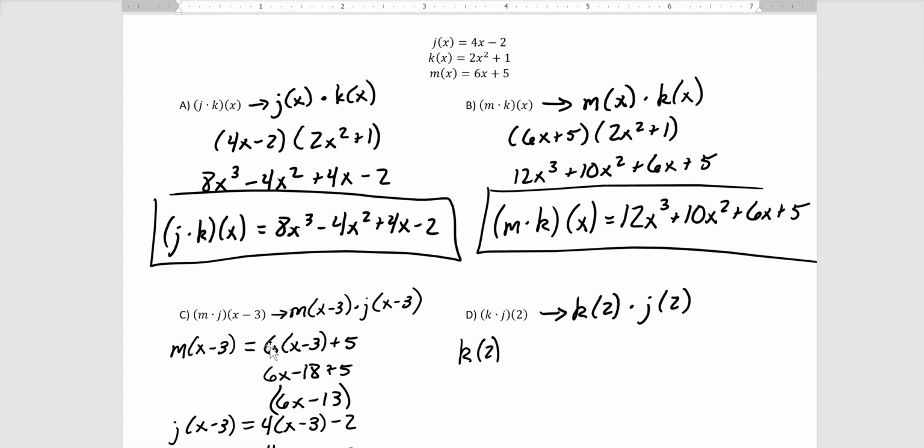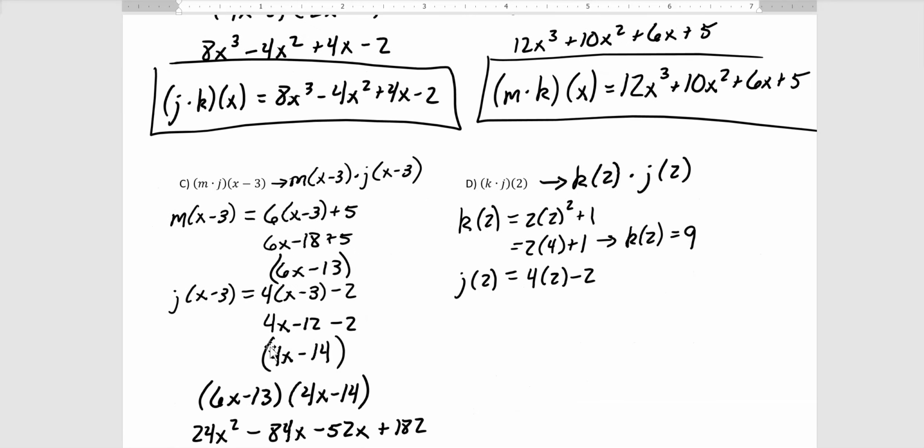So k of 2 will equal 2 times 2 squared plus 1. So that's 2 times 4 plus 1. That tells me that k of 2 is going to equal 9. Now j of 2, on the other hand, is 4 times 2 minus 2. 4 times 2 is 8 minus 2.